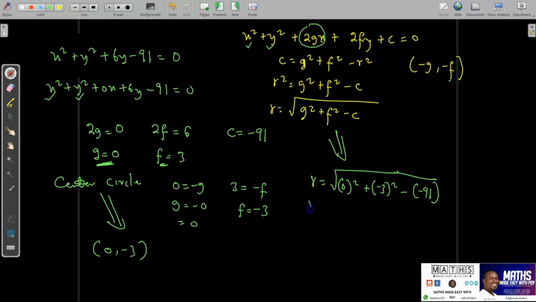So that will lead us to r equal to the square root of 0 plus 9 plus 91. So that will give you square root of 100, and the r value will be perfectly 10.